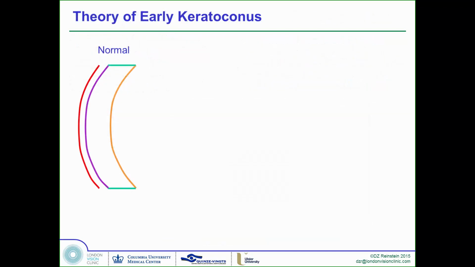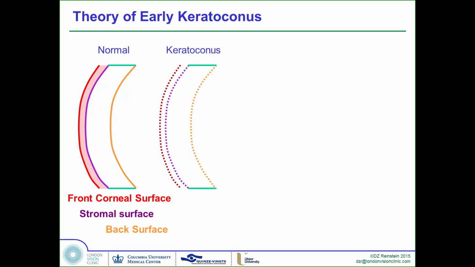So the theory of early keratoconic screening using epithelial maps is illustrated in these line drawings. If we think of a normal cornea with a corneal front surface in red, stromal surface in purple, and a back surface in yellow, of course the epithelium is between the front and Bowman surface. In keratoconus, we're going to get inferior bulging and thinning of the cornea, and of course the epithelium is going to thin over that cone and thicken around the cone.